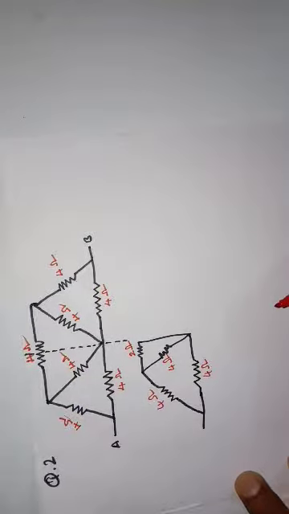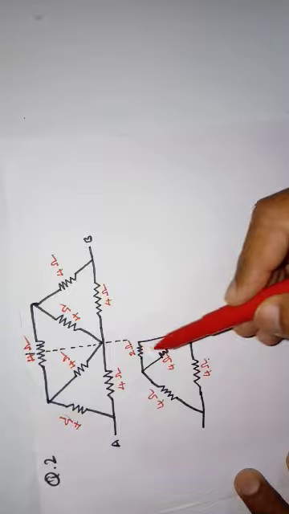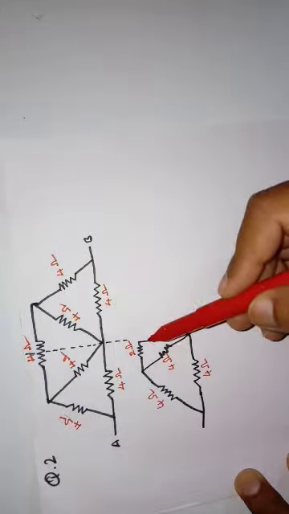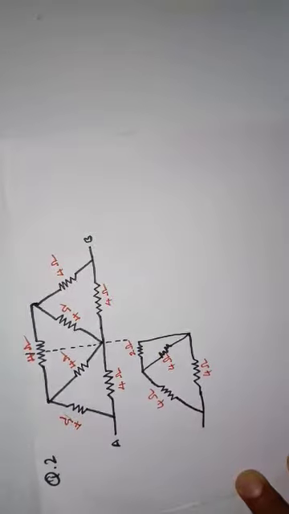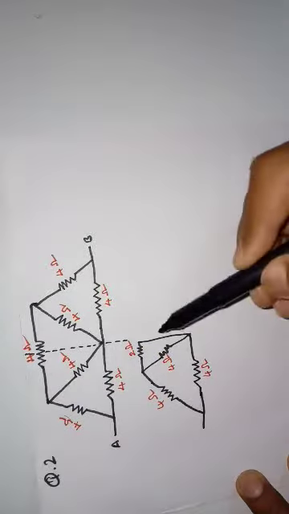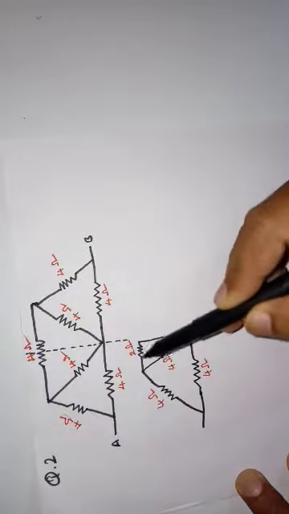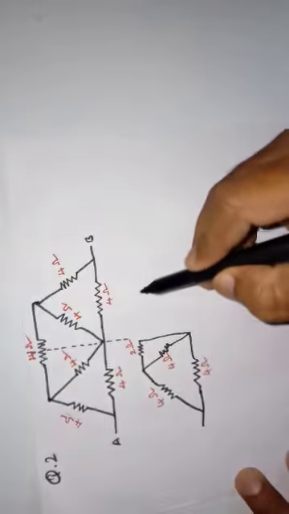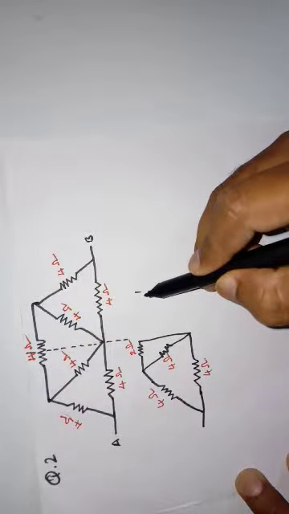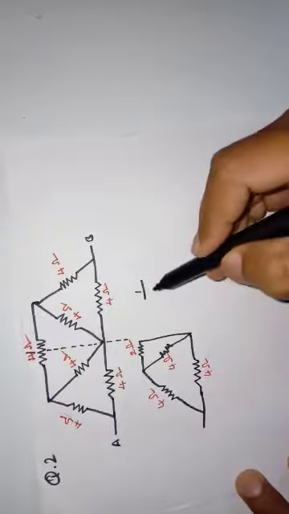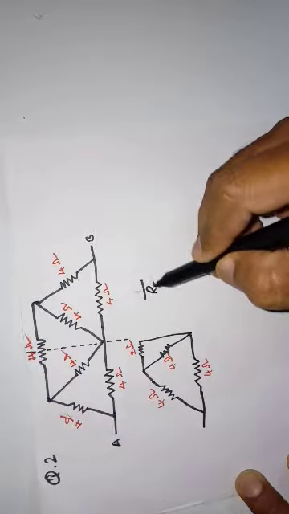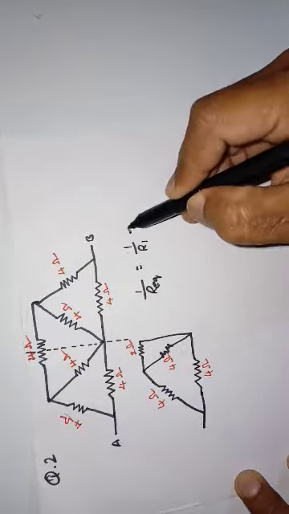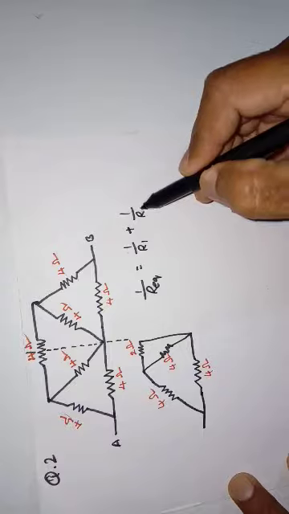If you observe carefully, these two resistors are in parallel connection. So 2 ohms and 4 ohms. Let us find the equivalent resistance of this part. We know the formula for the equivalent resistance of resistors in parallel connection, that is 1 upon R equivalent is equal to 1 upon R1 plus 1 upon R2.